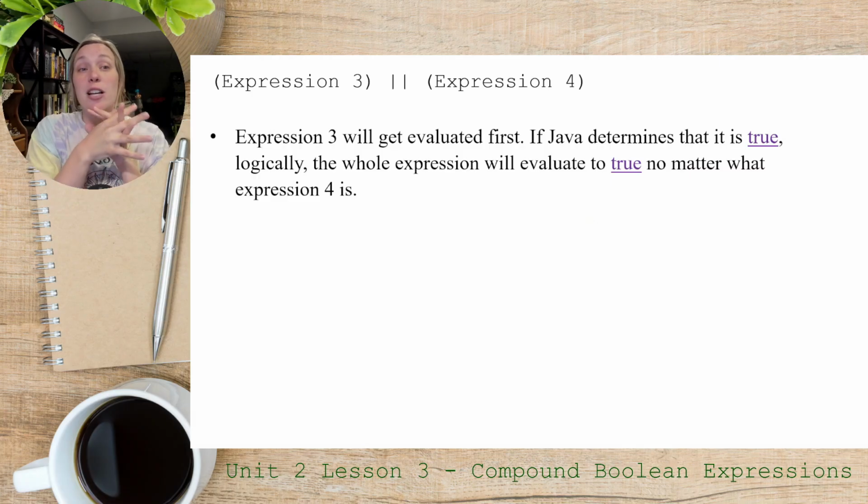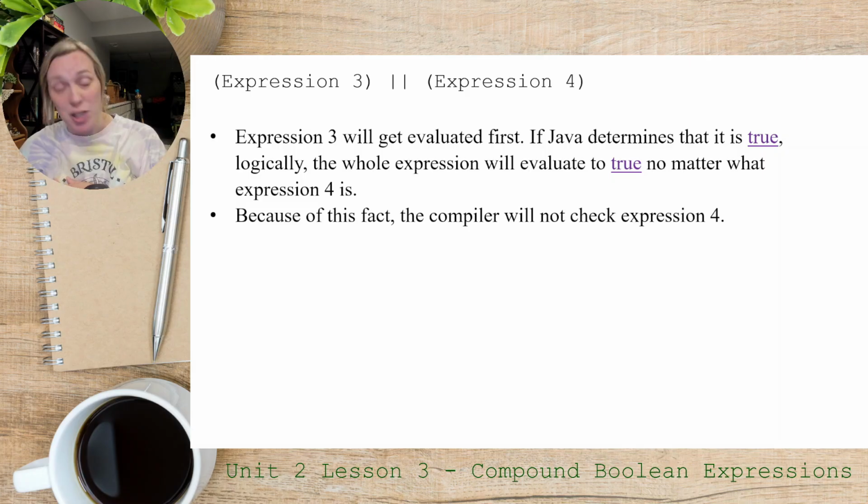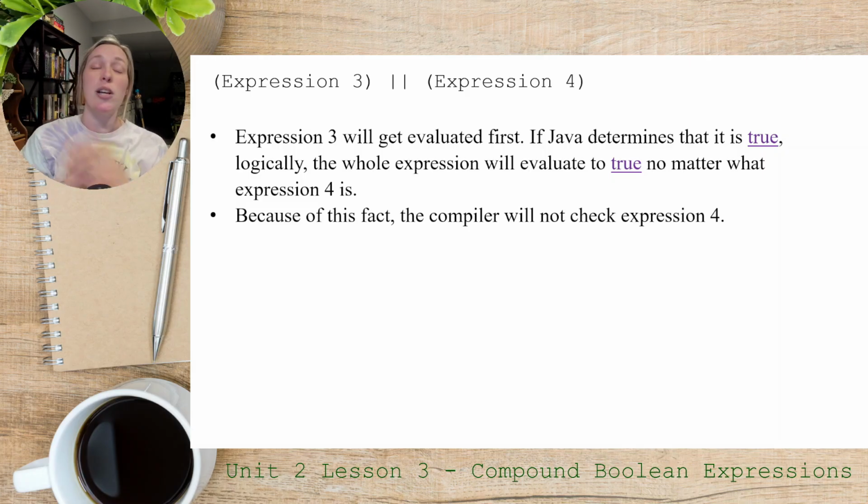Well, if expression 3, which gets evaluated first, is determined to be true, then logically the whole expression will be true, no matter what expression 4 is, right? Because as soon as there's a true statement in there, the whole thing is true. Because of this, the compiler will actually not check expression 4. It'll say, you know what, the whole thing is true. I don't need to check expression 4 to know that.